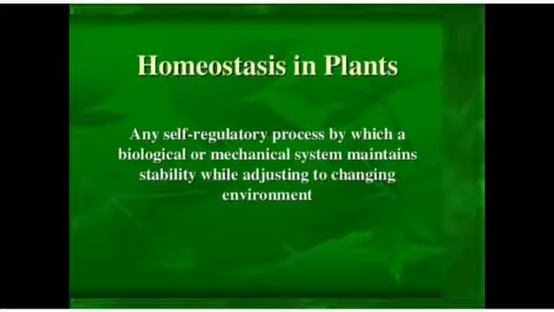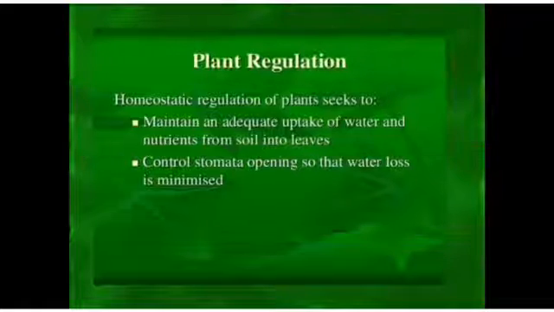Any self-regulatory process by which a biological or mechanical system maintains stability while adjusting to changing environment is called homeostasis. Okay? Homeostatic regulation in plants is much simpler than in animals.